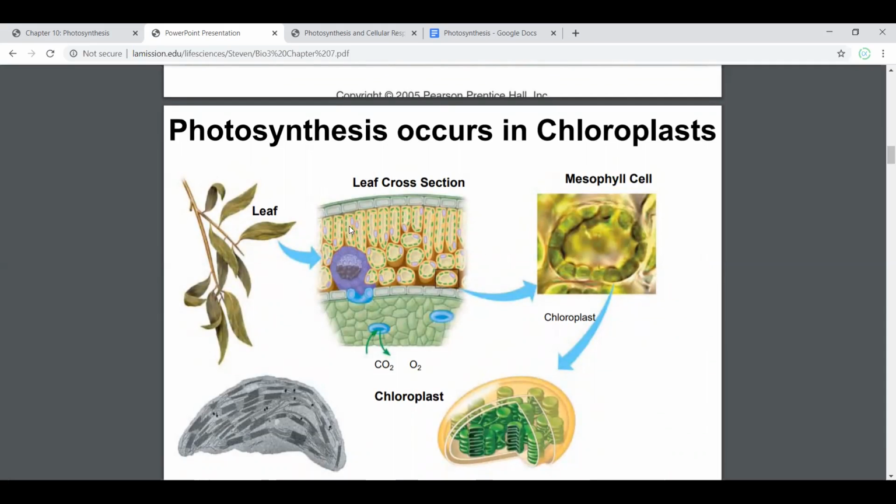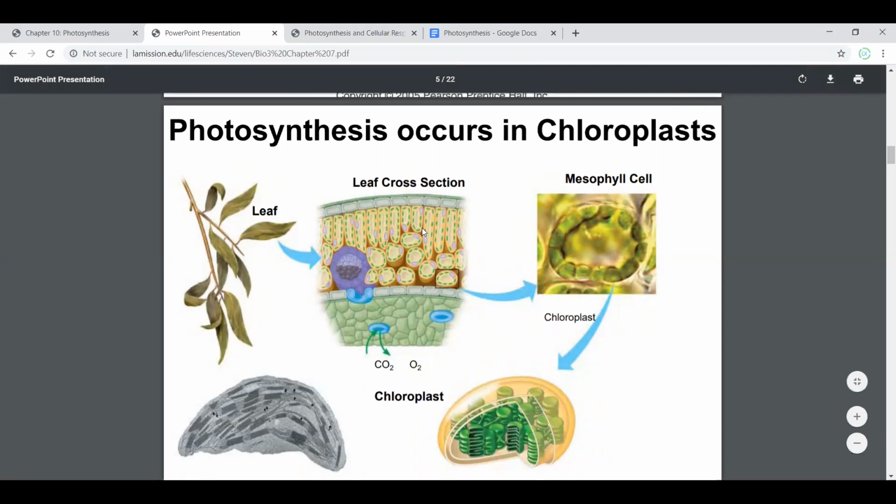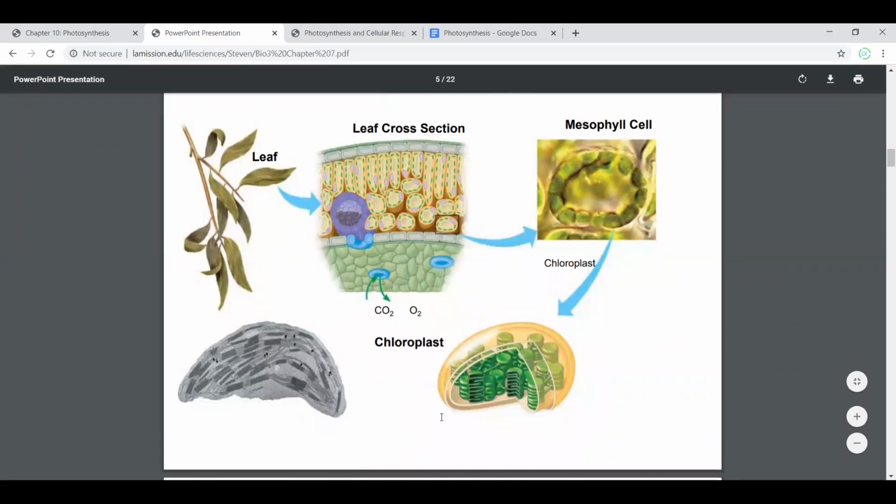We won't go too deep into the anatomy of the leaf, but all you need to know is that when you look at a leaf, the photosynthesizing cells are the mesophyll cells. The mesophyll cells contain a lot of chloroplasts. They have a very high concentration of chloroplasts in their cells. So this is where the chloroplast is located.